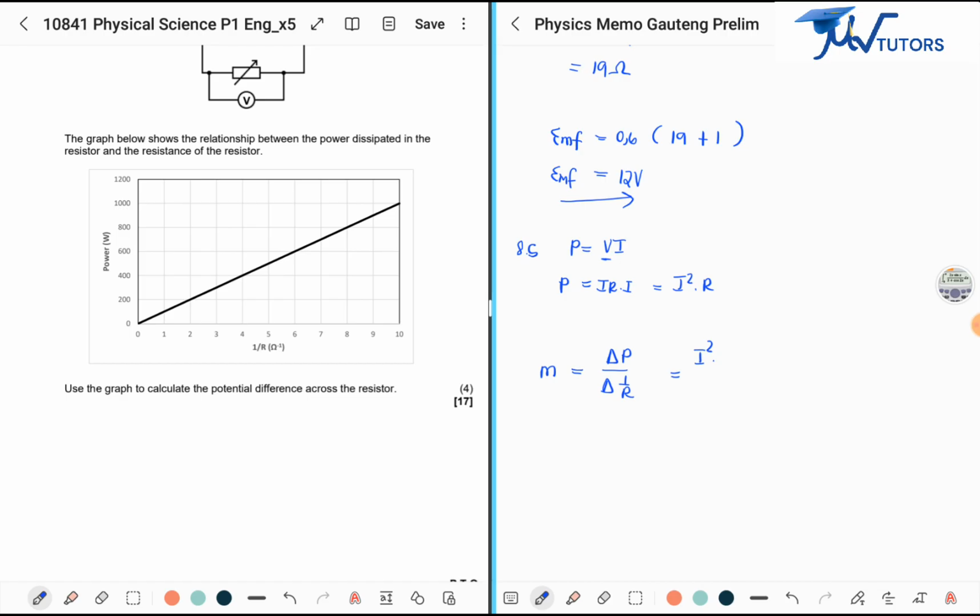Maybe I shouldn't have changed it. Let me just keep it to VI. Let's see where that takes me. Okay, because I'm looking for V ultimately. Let's see. So I have VI. No, let me take it back to just R. I'm confusing myself.